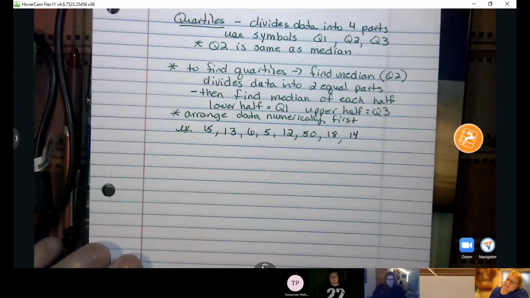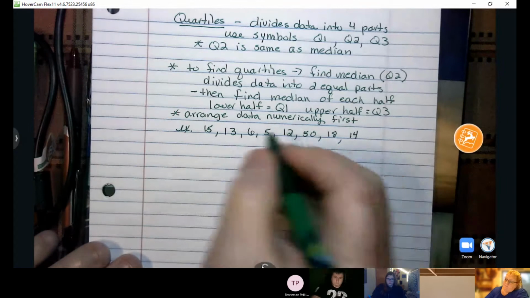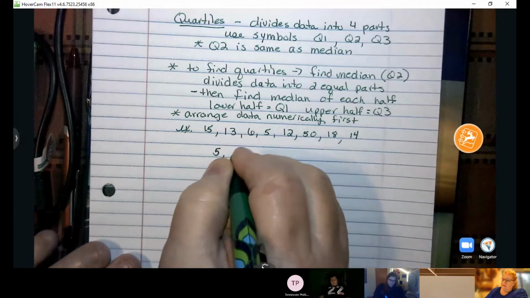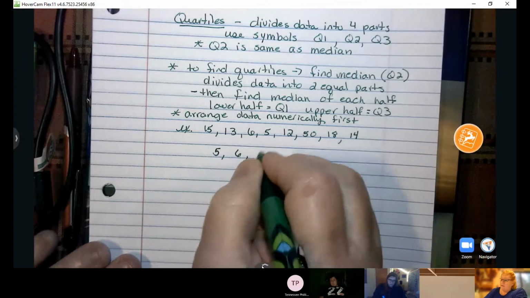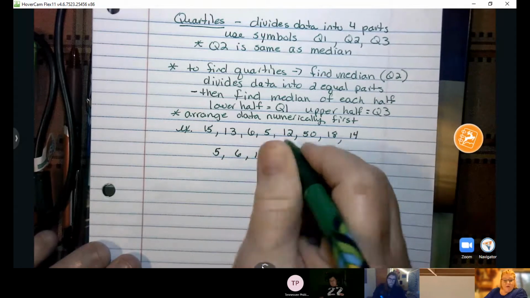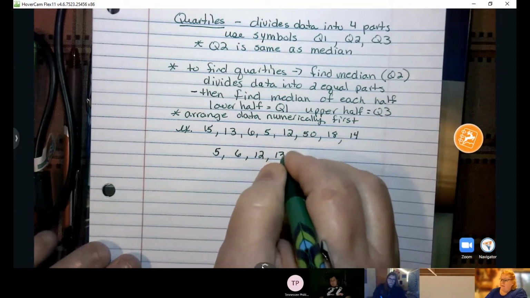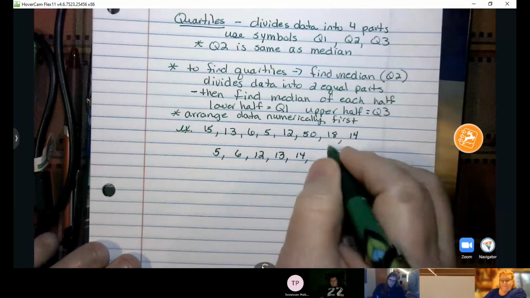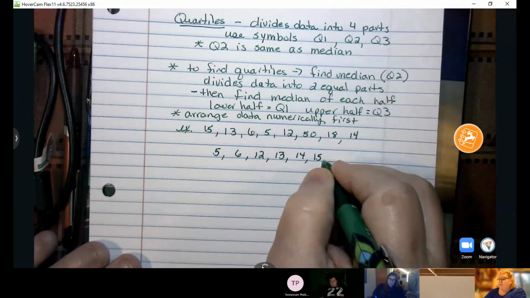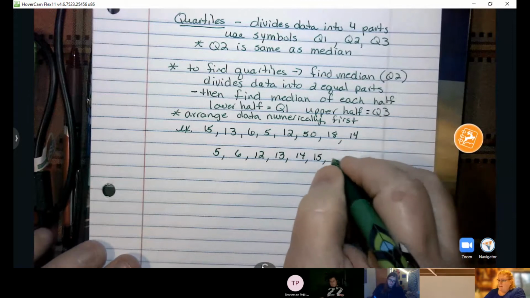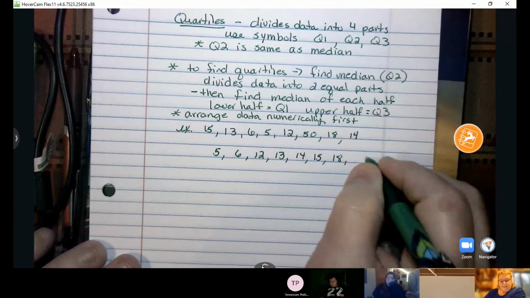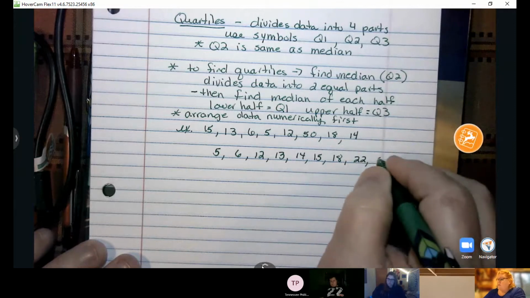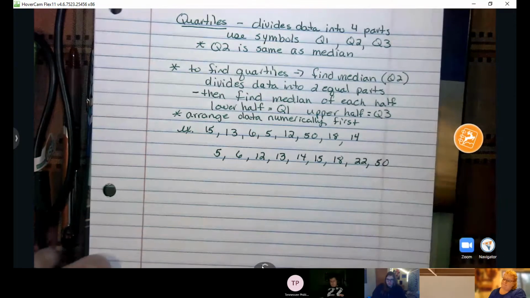So arranging this data, that would give us 5, 6, 12, 13, 14, 15, 18, 22, and 50.